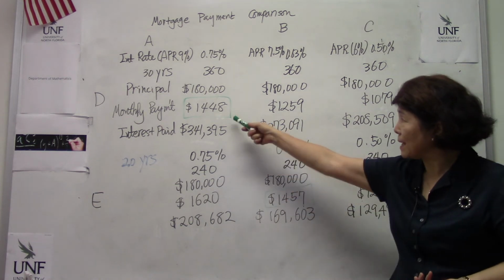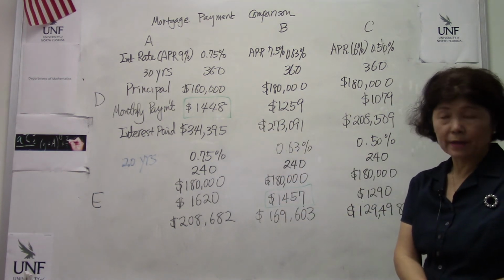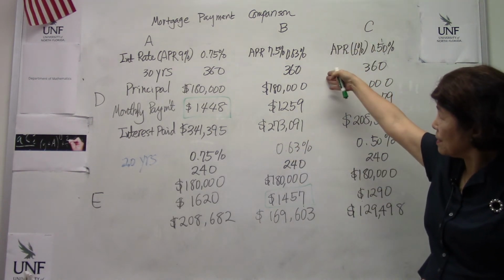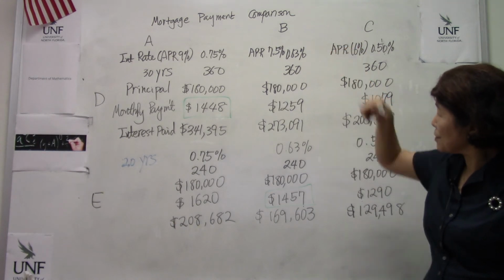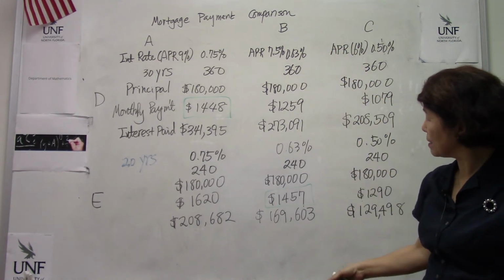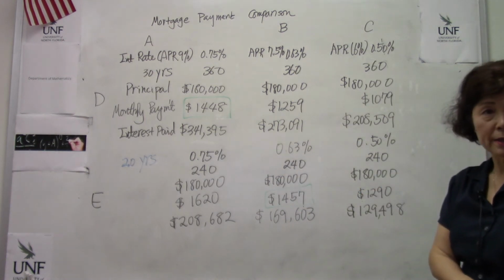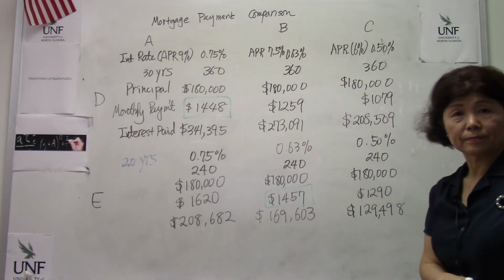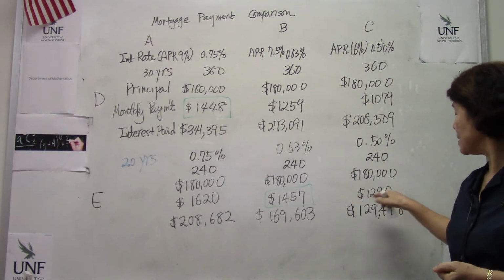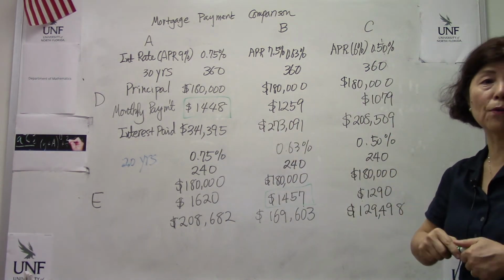It's almost identical, right? The difference is $9 per month. But if you have a better, meaning lower, interest rate, you can finish your mortgage 10 years early compared to this. Of course, the best scenario here is this, but I'm comparing because the amounts are almost equal.